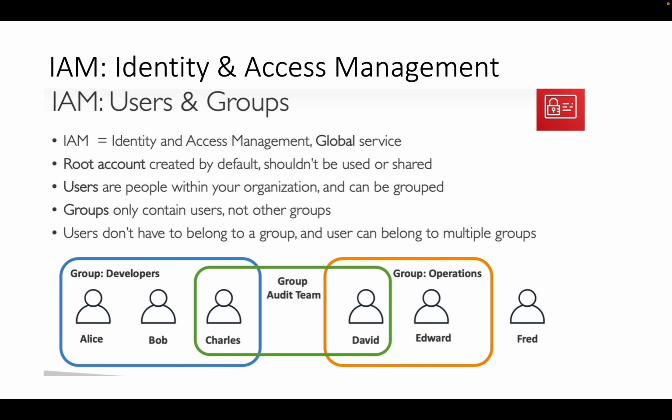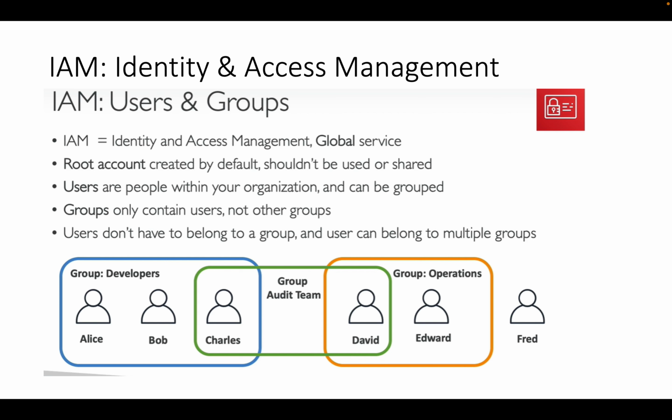So IAM stands for Identity and Access Management. It is a global service. When you have an AWS account, you will have a root account created by default, and as a best practice, this root account we shouldn't use or share with anyone.